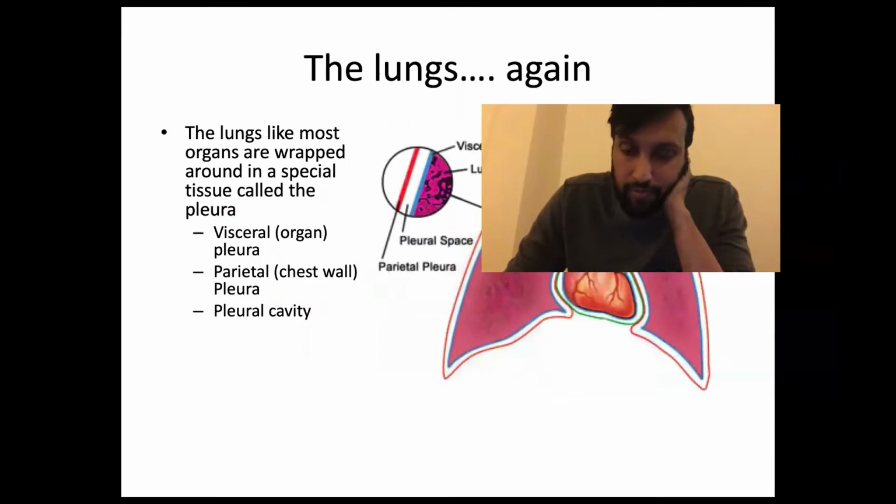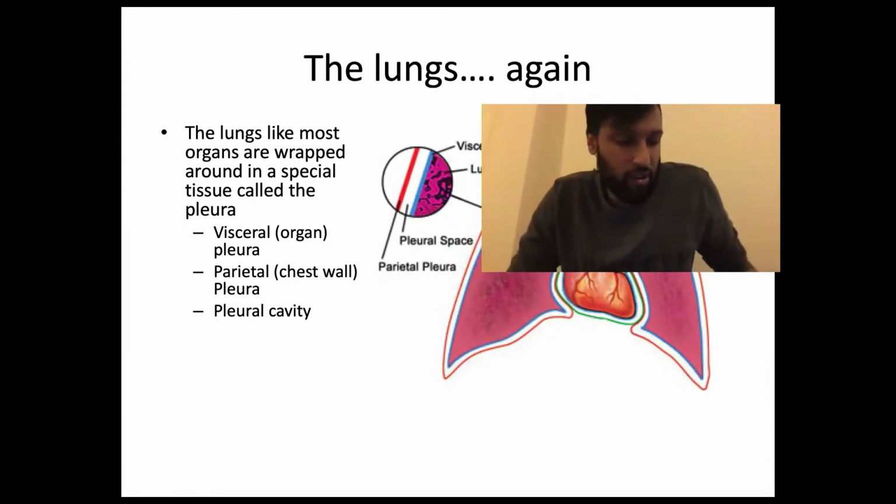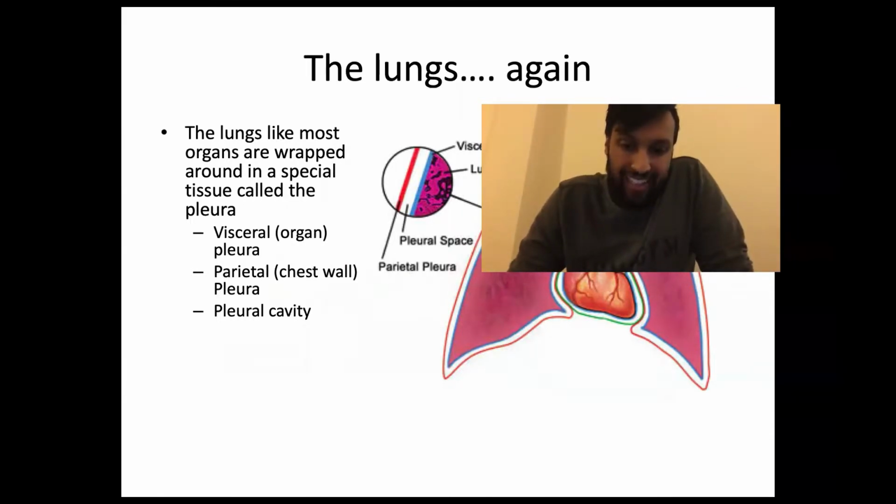So, a bit about the lungs which you need to get your heads around, and that is pleura. You probably wouldn't have come across the word pleura, but basically your organs are inside a covering. The heart, the liver, the lungs, the abdomen doesn't just sit there freely.